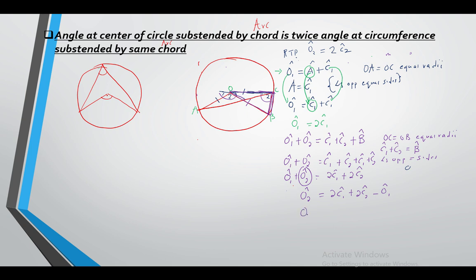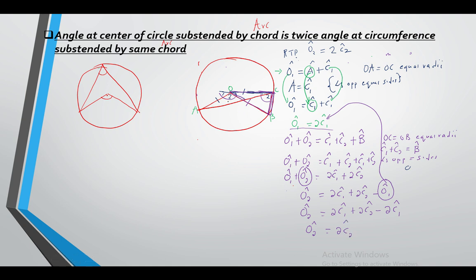So O2 is 2C1 plus 2C2 minus, if you still remember, I said angle O1 is 2C1 in this equation. So I can replace O1 with 2C1, which means that the angle O2 is twice angle C2. Theorem proven.